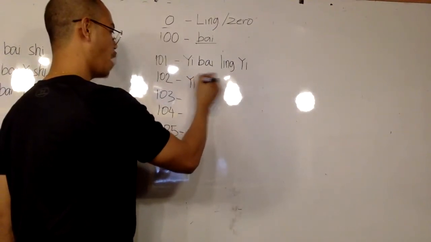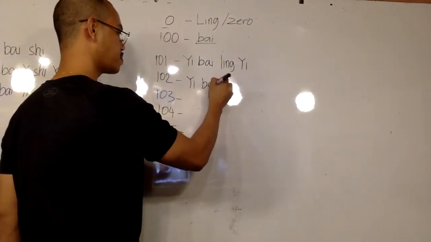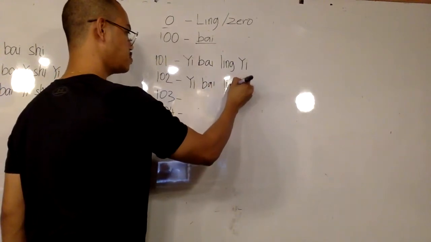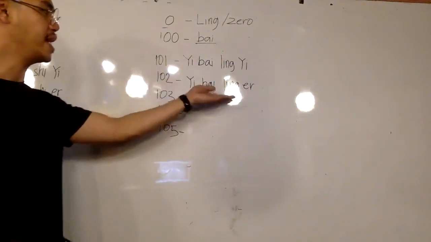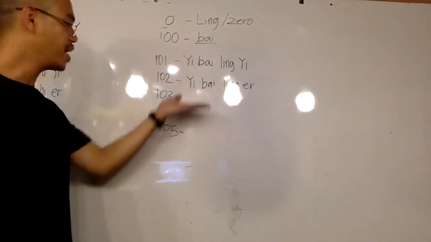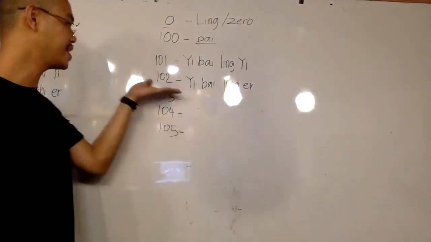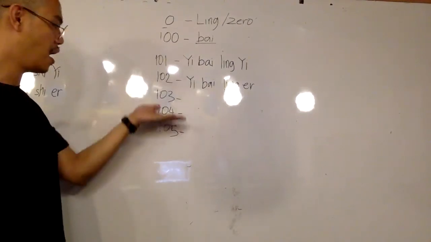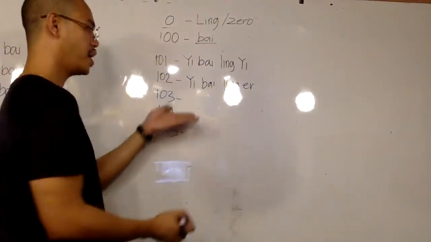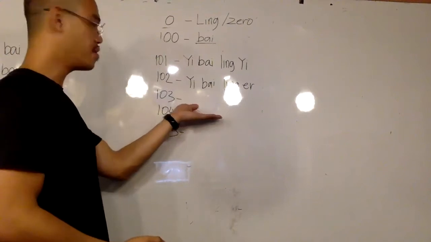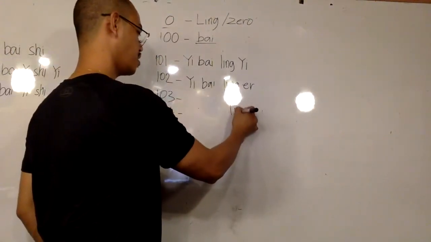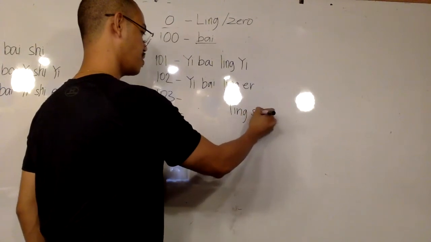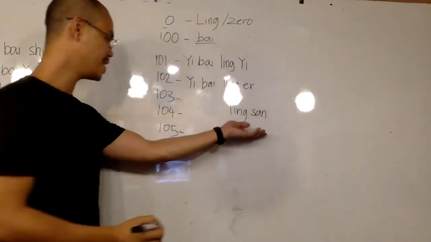Let's read 102. Yi bai ling er. That's 102. How about 103? Yi bai, which means 100, ling san.